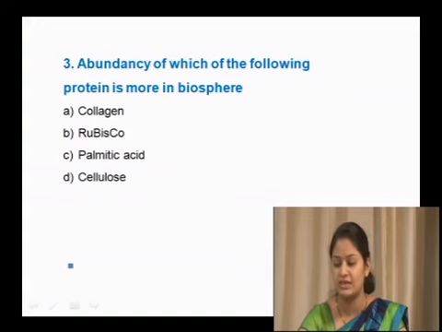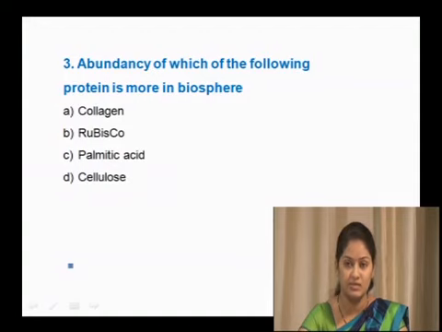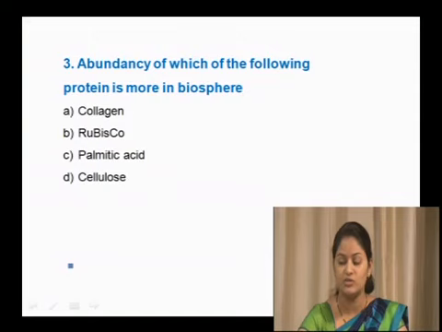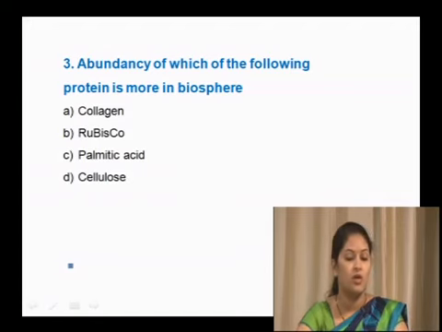Option C, palmitic acid, it is actually a saturated fatty acid found in all the kinds of lipids, so they are found in animal's body. And option D, cellulose, cellulose is the most abundant organic molecule, not only protein. They are specifically asking about the protein, but about cellulose we have to remember that it is the most abundant organic molecule. So option for this question is B.